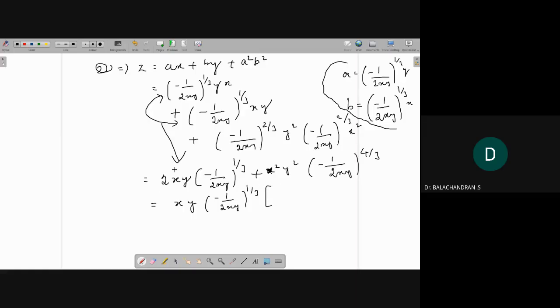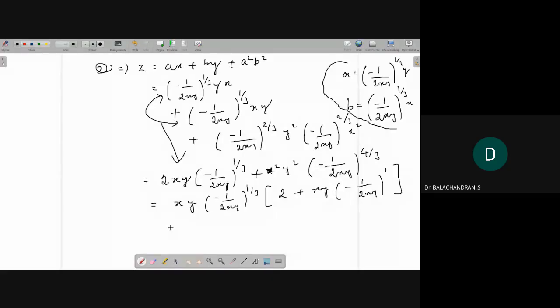What is remaining? Here 2, and then plus, I take xy, so remaining you have xy into minus 1 by 2xy whole power 1 by 3. I take common, remaining you have power 1 only. 1 by 3 plus 1 is 4 by 3.